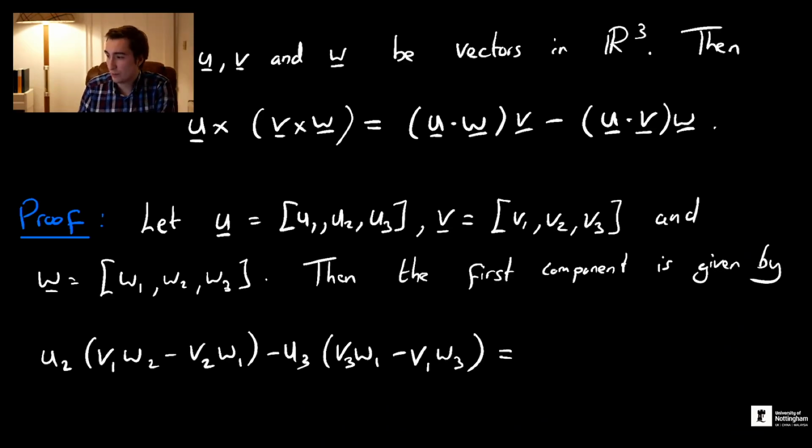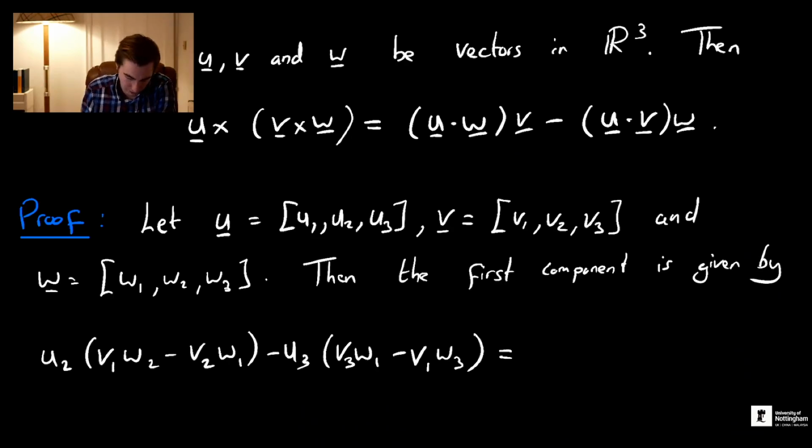And what we can do now is factor out the term v1 in the first expression and w1 in the second expression. Why are we doing that? Because we're trying to compare it with the first component of this thing. Well, the first component of this thing is going to be multiplied by the v1 component, and the first component of this thing is going to be multiplied by the w1 component.